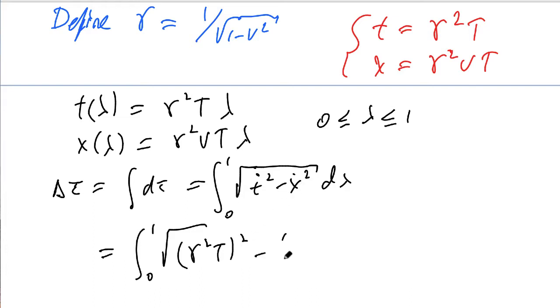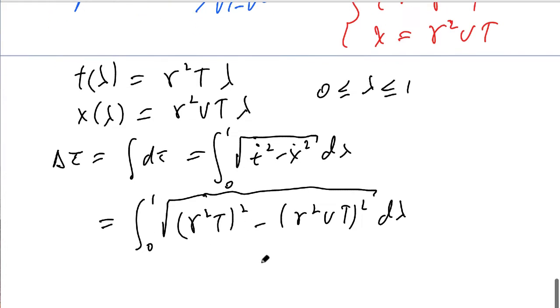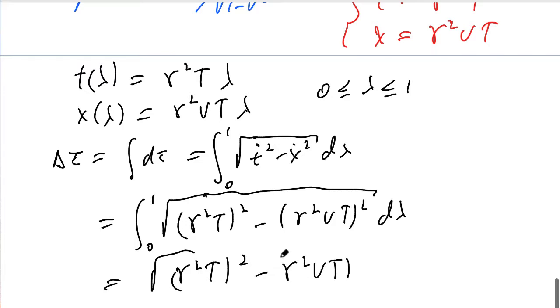And x dot is gamma squared V times capital T. Now, of course, this integral over lambda is just going to give us a factor of 1. So this is equal to the square root of gamma squared T quantity squared minus gamma squared VT quantity squared.